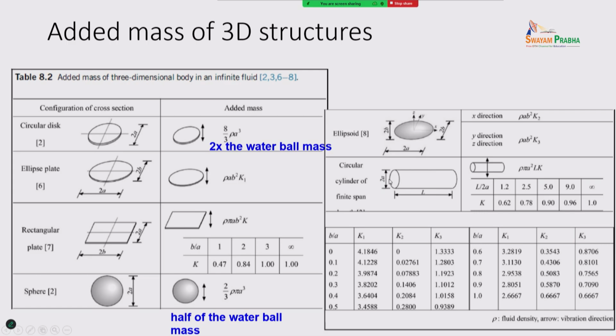As I said, the cylinder shape already gives you a sense of the added mass effect. So again, it really depends on the cross-section area. Some entries in this table you can get in closed form solution, and some are more numeric, using coefficients for correction. So this is the added mass concept.